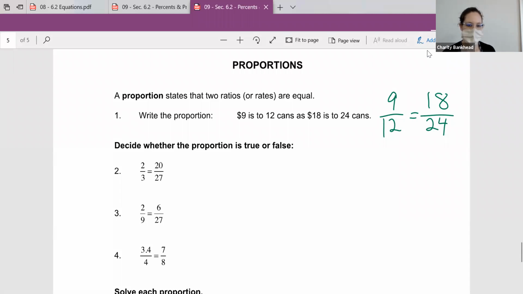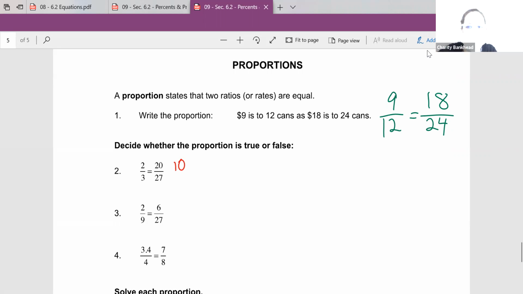Okay, decide whether the proportion is true or false. The actual easiest way to do this is to just reduce both sides of the fraction, and then it'll become obvious, either it's equal or not. So 2/3 is already reduced, and then 20 over 27, to reduce that, that would be 10, or wait, no. Actually, you can't even reduce that, can you?